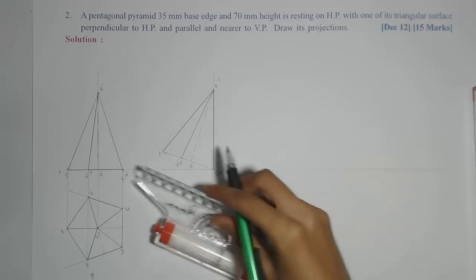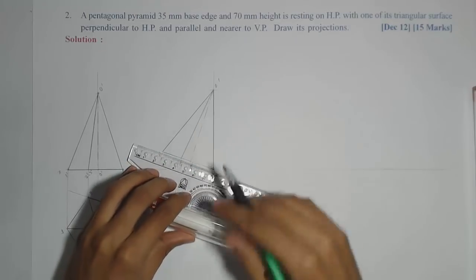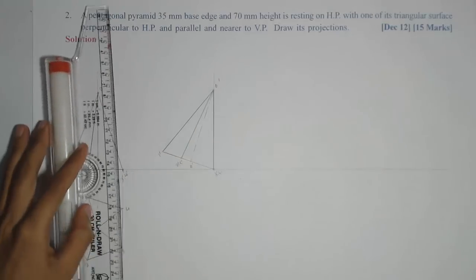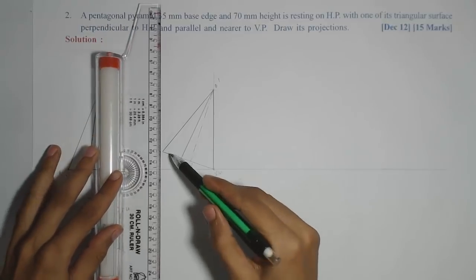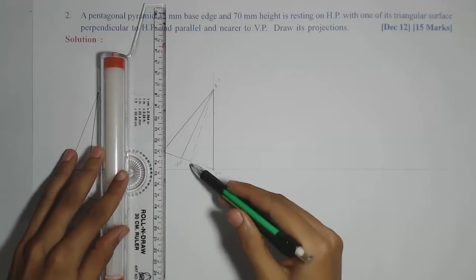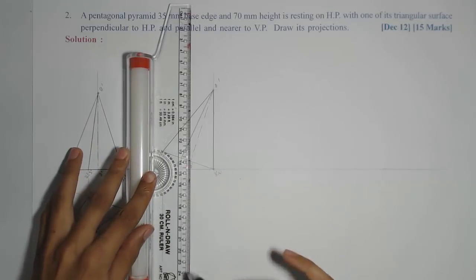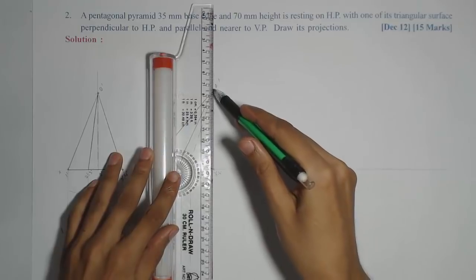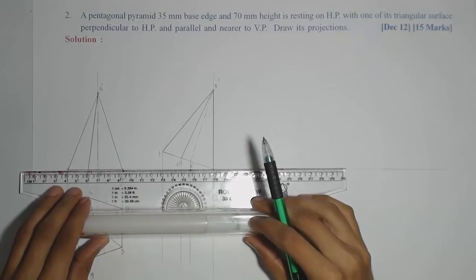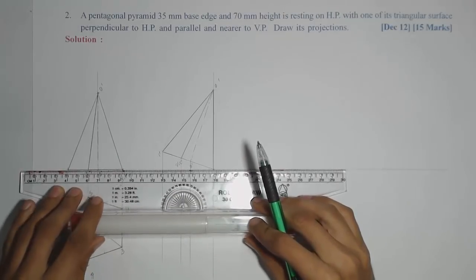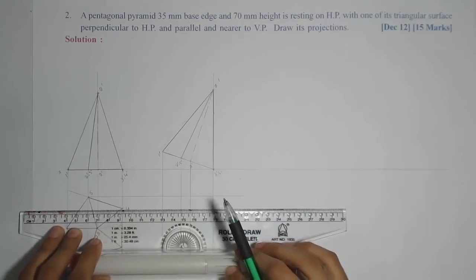Now corresponding to this front view, we'll complete the top view in the second stage by dropping the projectors. Now we can do it fast because we have already solved some problems like this. We will not miss the time in dropping the projectors. Now dropping the projectors from the top view in the first stage.